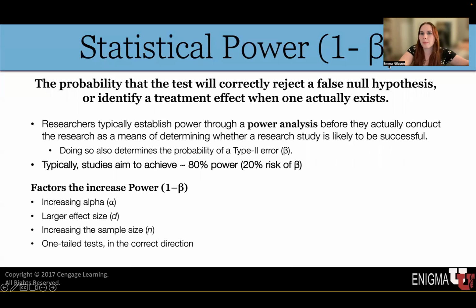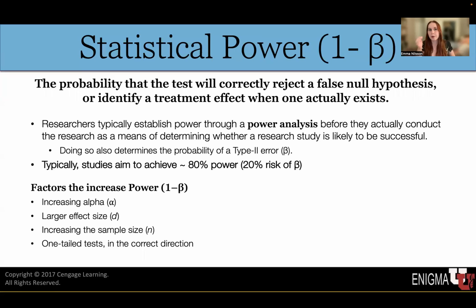The last thing we're going to talk about is it's important to state the statistical power of your data, your experiment. Power, we've talked about before, 1 minus beta, is the probability that the test will correctly reject a false null hypothesis, or in other words, the probability that a test will correctly identify a treatment effect when one actually exists.